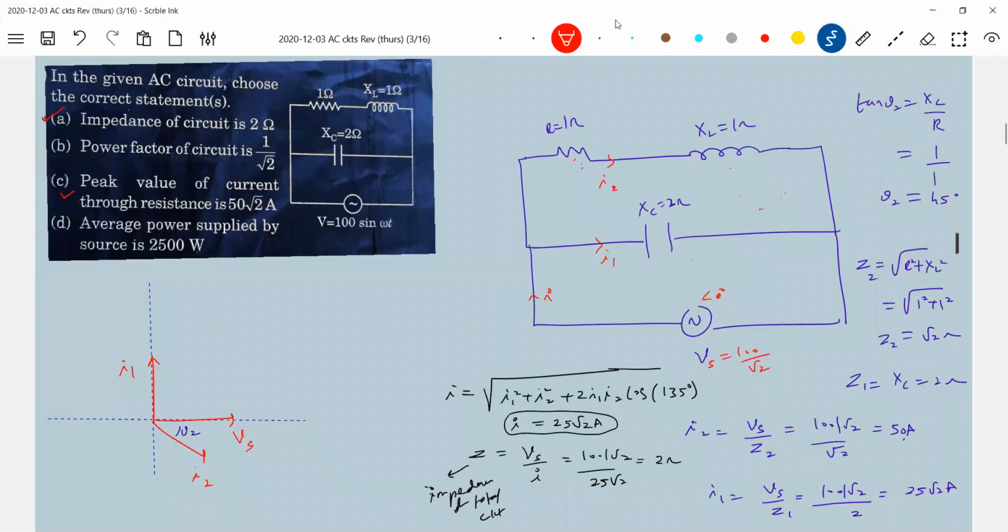And next, how do we get the power factor of the circuit for such a case? Cos phi. I'll calculate the resultant current and how much angle it makes with the applied voltage, and that will be the power factor, cos phi of that.